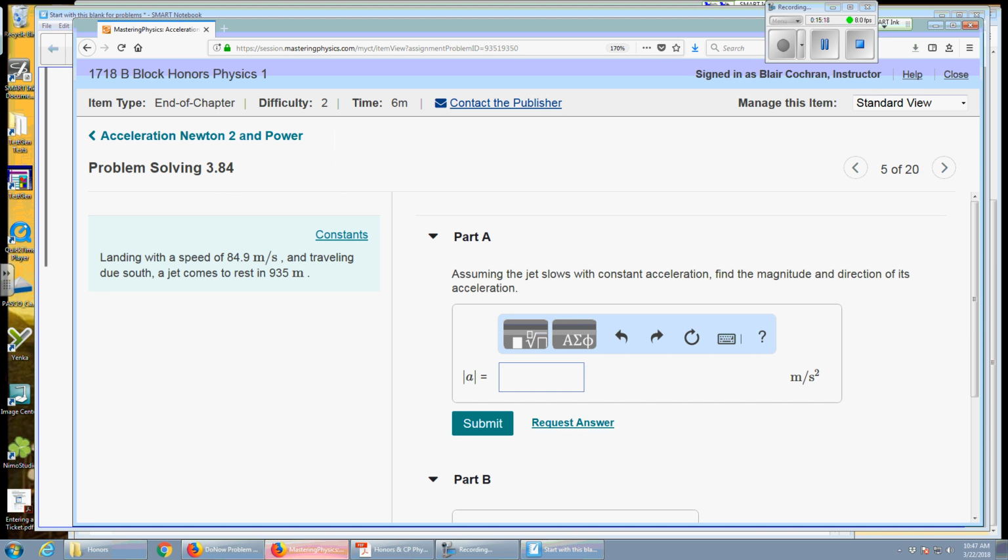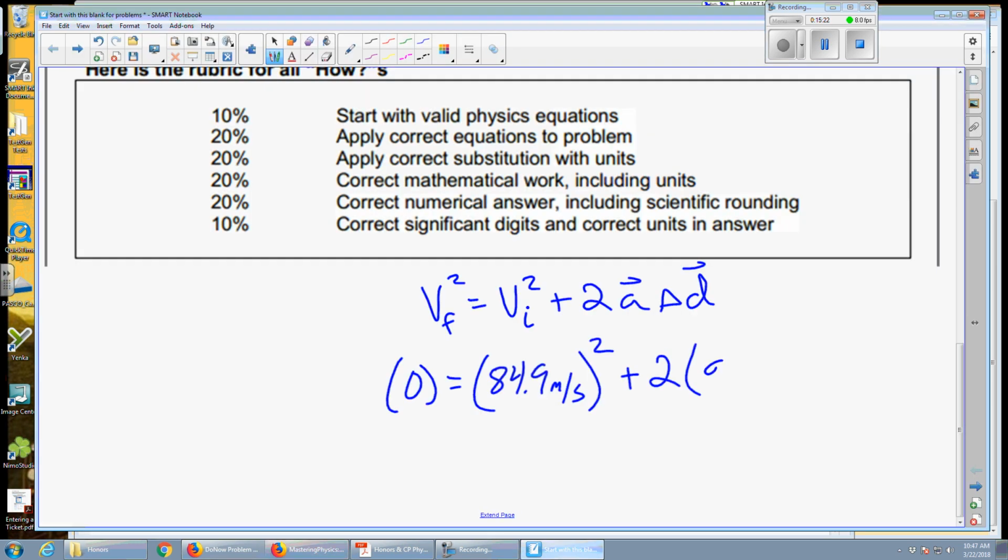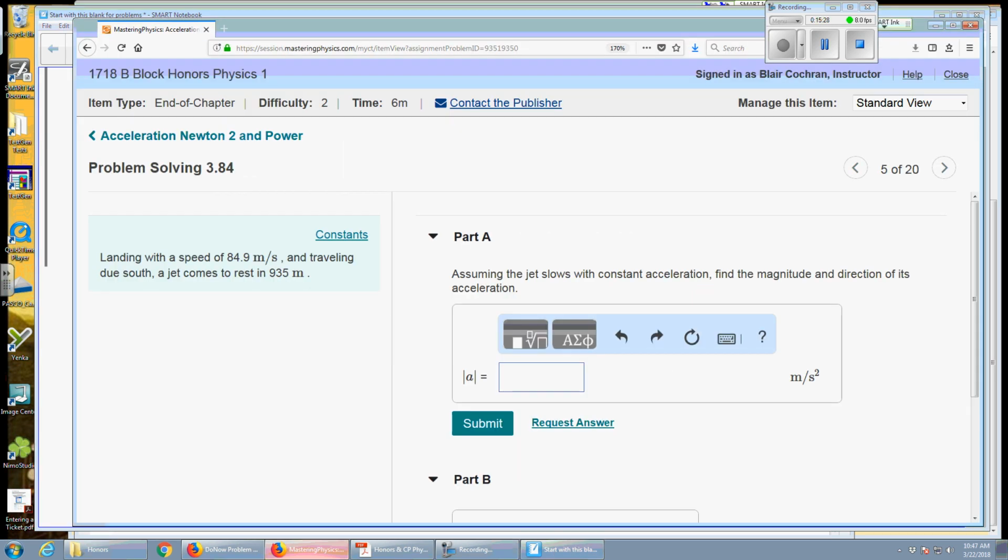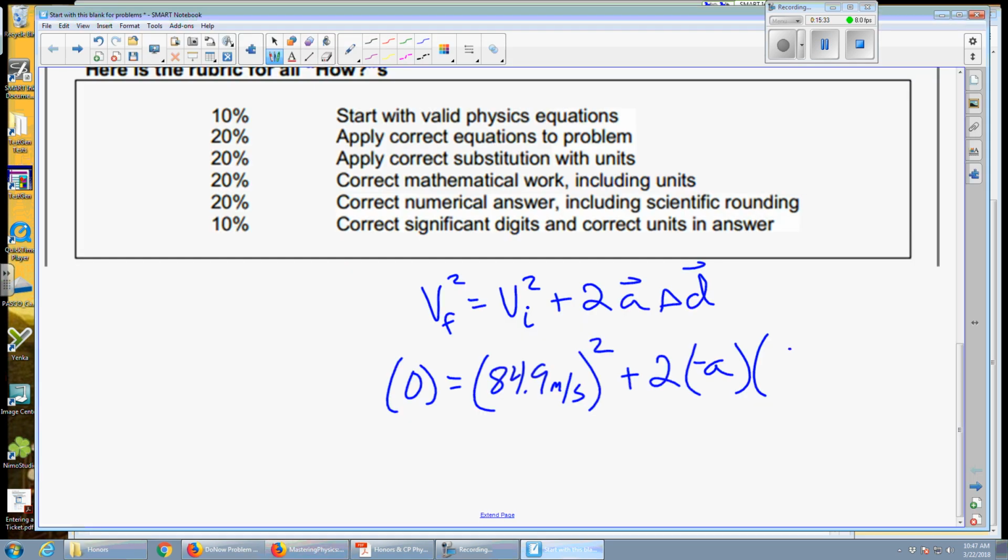So I'm going to take my acceleration as negative. So that would be A, and I'm going to put a negative in front of it. And then my displacement is going to be 935 meters. So I put in 935 meters. And nicely, I can solve for A. It's the only variable in that math equation. And I'm done.